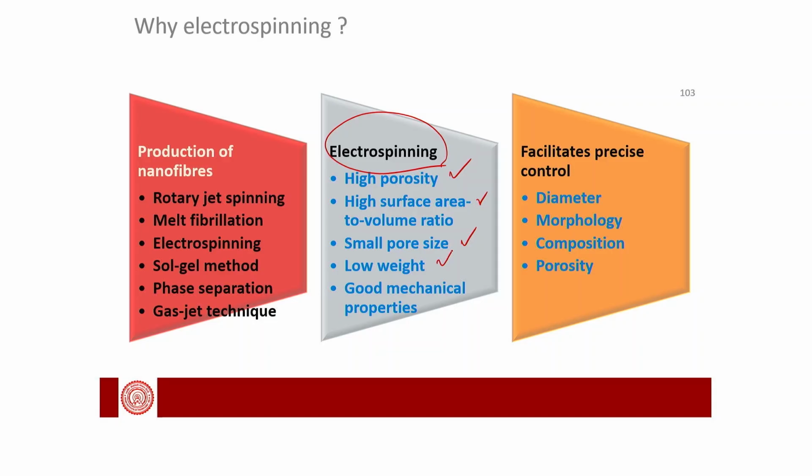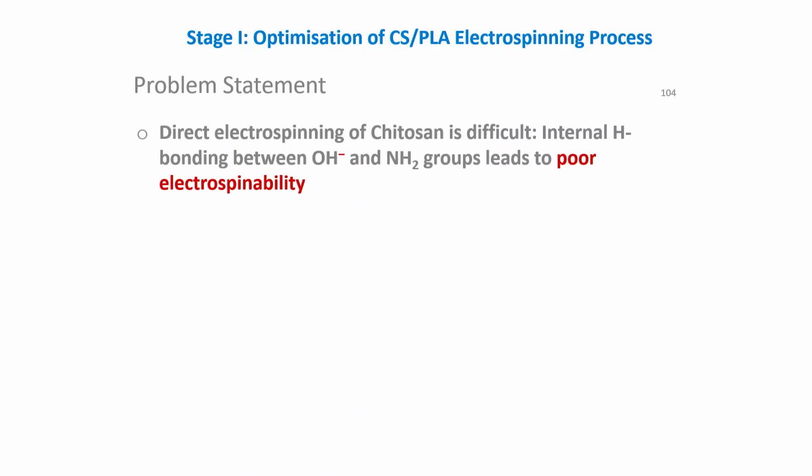We can have very fine, low weight and good mechanical properties, because if we use the substrate we can retain this structure. And we can do precise control by controlling the diameter, morphology, composition and porosity of the membrane. So, this we have discussed already.